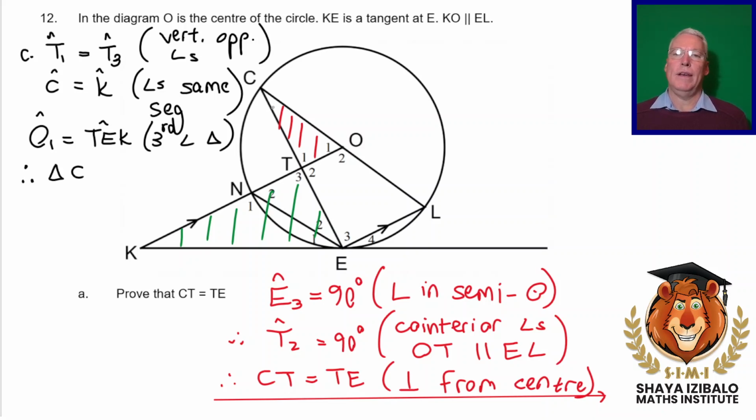COT, if I start with C, I must start with the angle that's equal to C, which is at K. If I go to O, I must go to the one that's equal to the one at O, which is this one here, E. And then the angles at T are those two, and those are the ones that are equal. So triangle COT, similar to triangle KET. And the reason, angle, angle, angle.